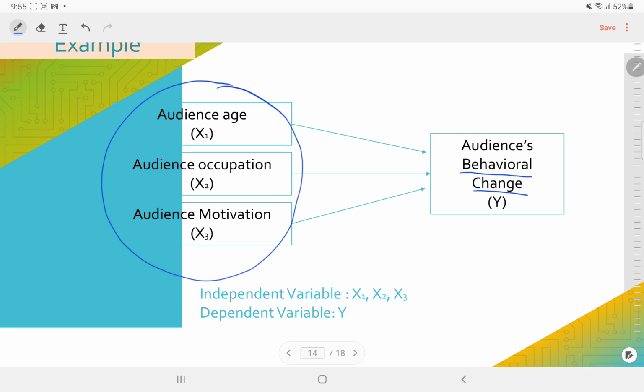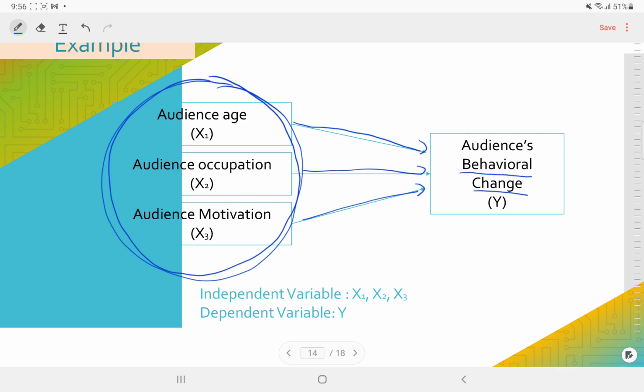Okay? You won't analyze them one by one. No, you will analyze the 3 variables, the 3 factors, together. It's just one analysis.